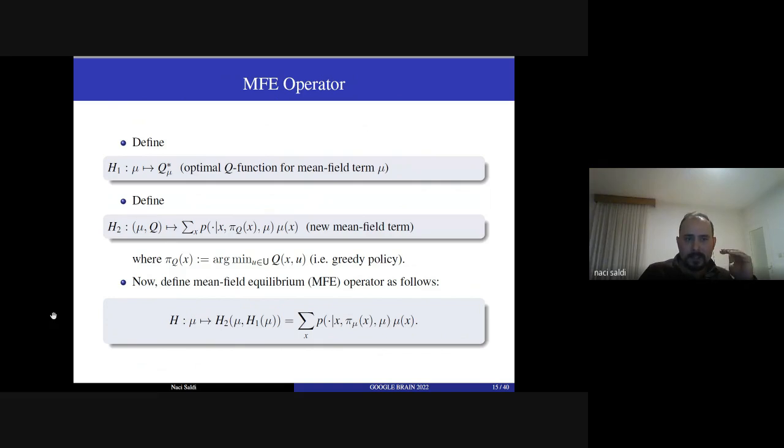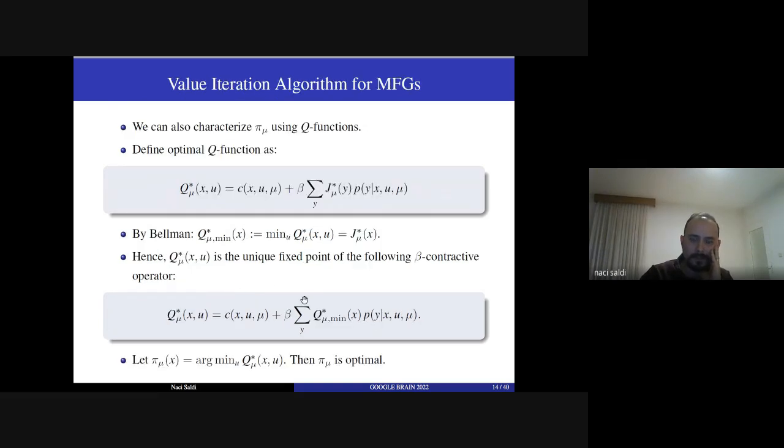Given any mu, it gives the optimal Q function for this mean field term mu. We can compute the optimal Q function given any mean field term using the optimality operator that we have over here.